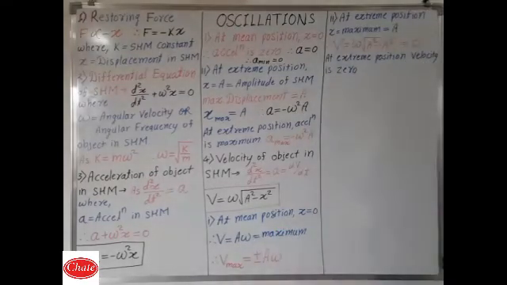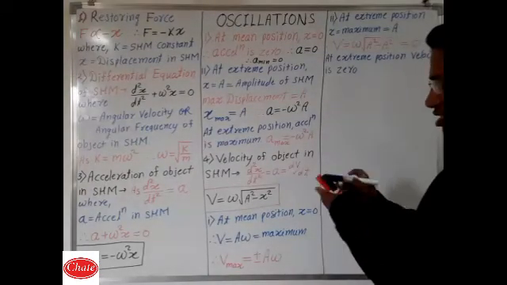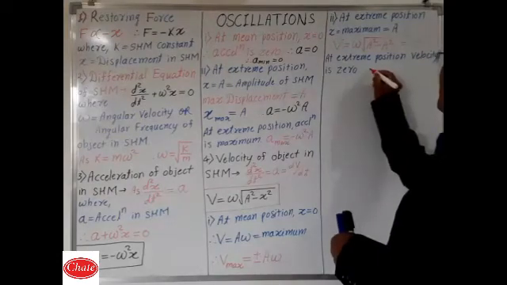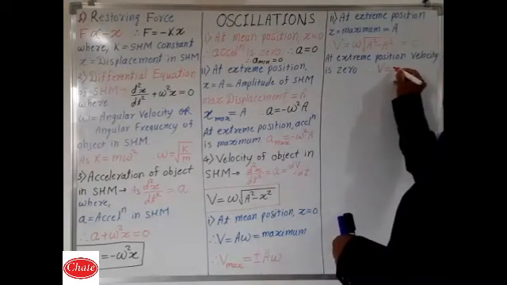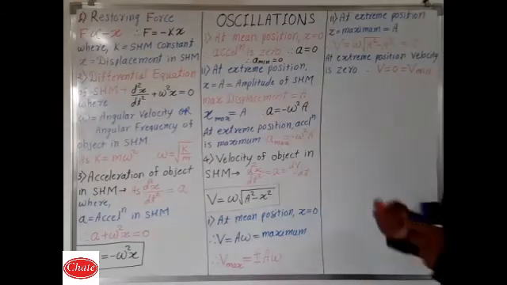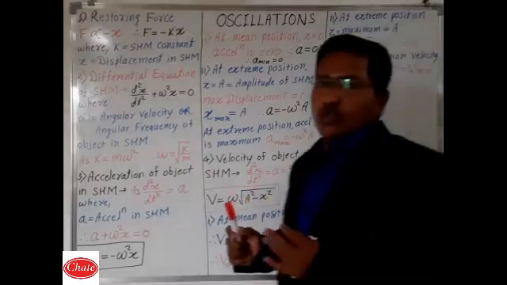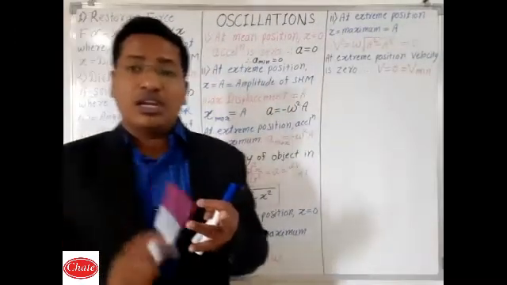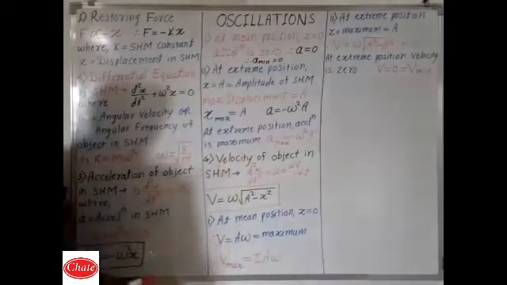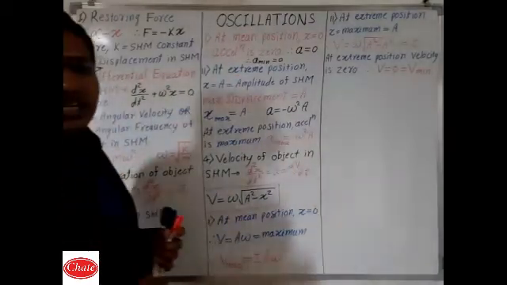At extreme position, velocity is zero. That is v is equal to 0 is equal to v minimum. Done. समजलं का नाही? yes or no? म्हणजे तुम्हाला मॅक्सिमम ऍक्सिलरेशन, मिनिमम ऍक्सिलरेशन लक्षात आलं. मॅक्सिमम वेलोसिटी, मिनिमम वेलोसिटी ही टर्म क्लिअर झाली.